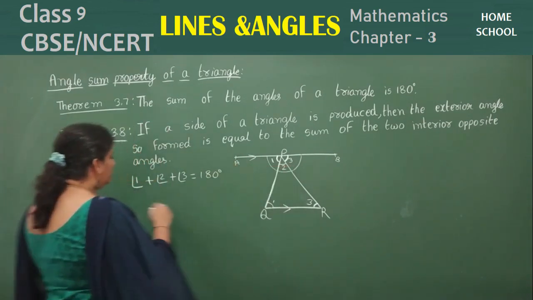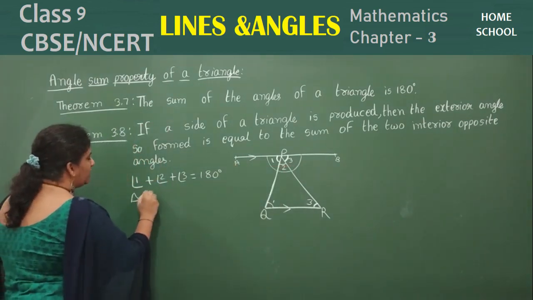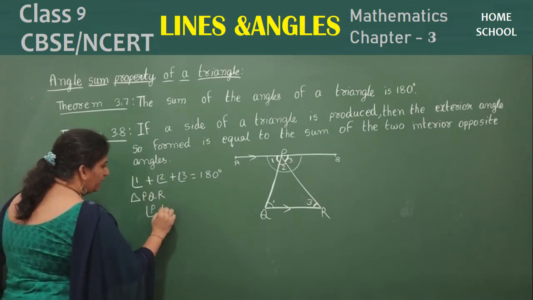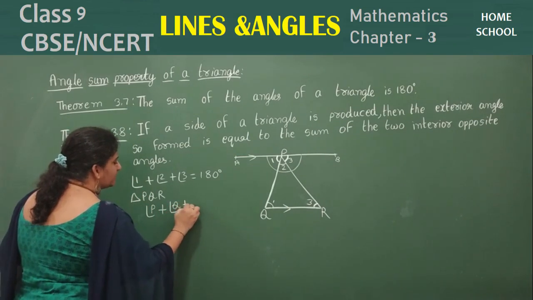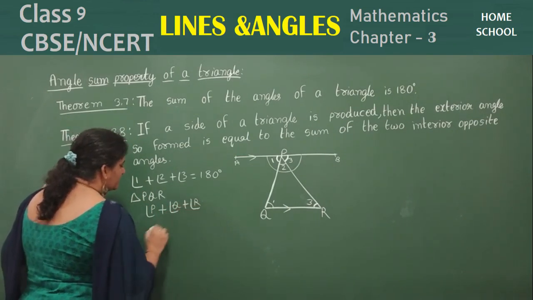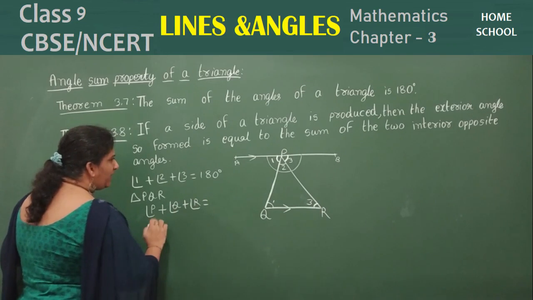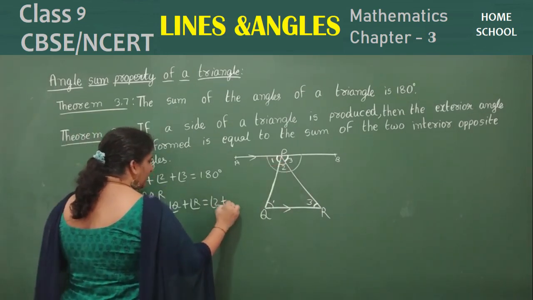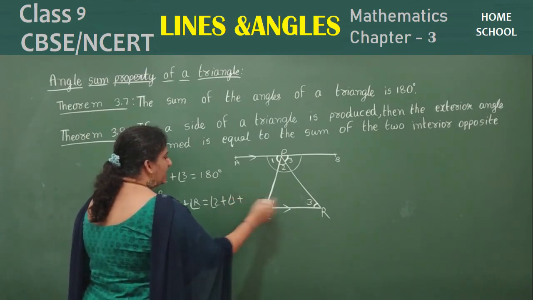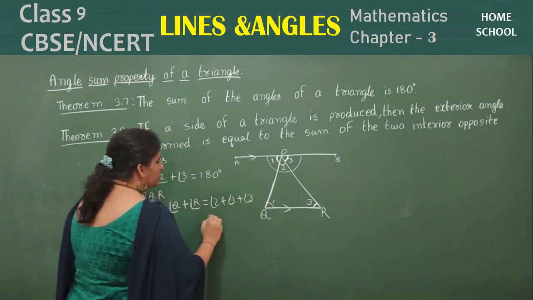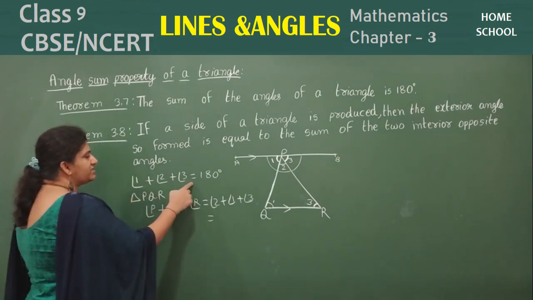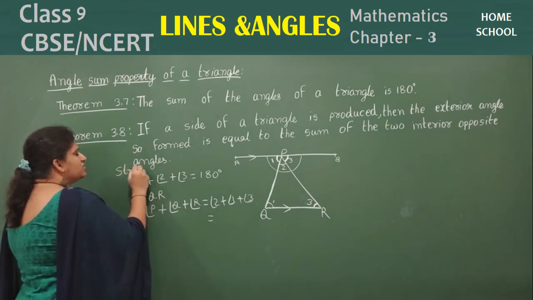Now again, triangle PQR, I can say angle P plus angle Q plus angle R is equal to what? Angle P is this angle 2 in the triangle. Angle Q is angle 1 and angle R is angle 3. So I will substitute from the straight angle.